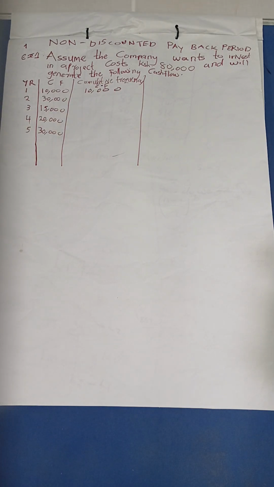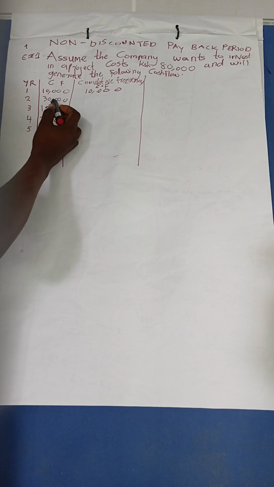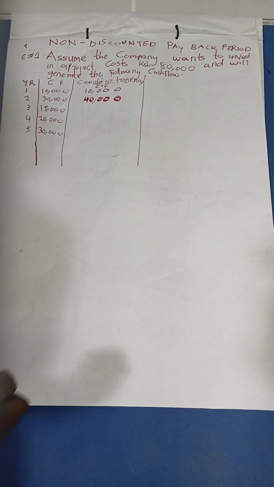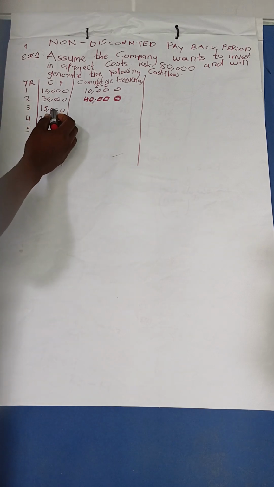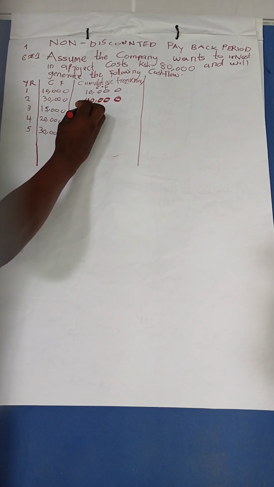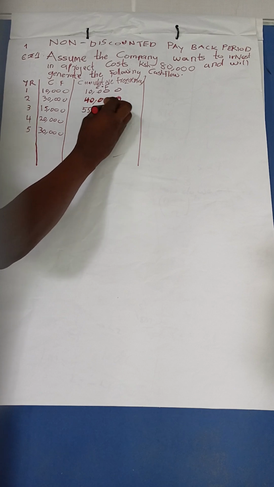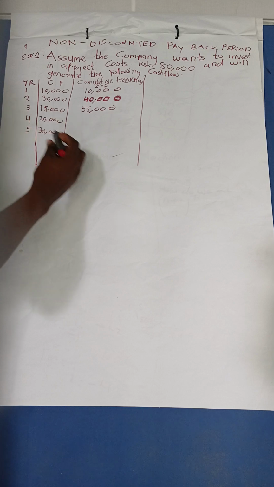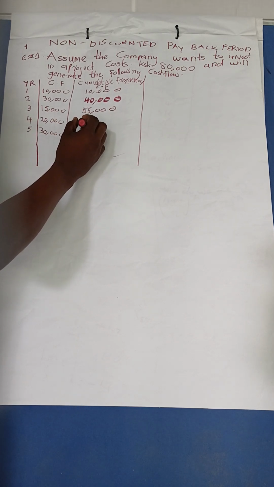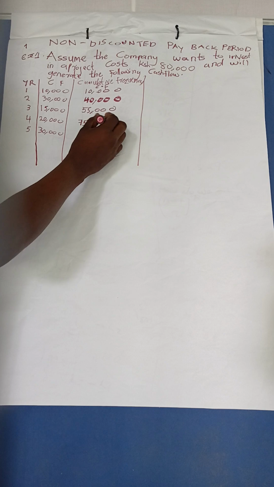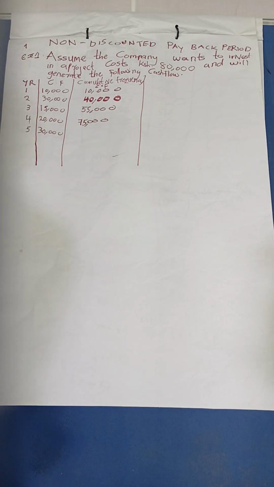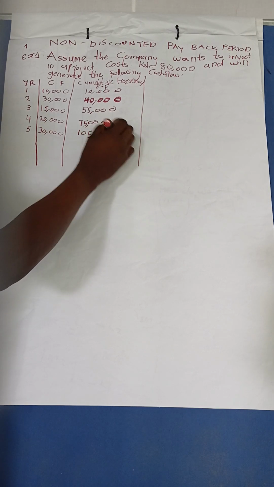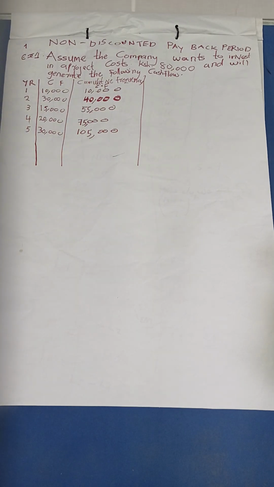Now, the second one will be 10 plus 30, which is 40,000. Then the next will be 40,000 plus 15, which is 55,000. Then 55,000 plus 20,000 will be 75,000. Then 75,000 plus 30,000 will be 105,000.